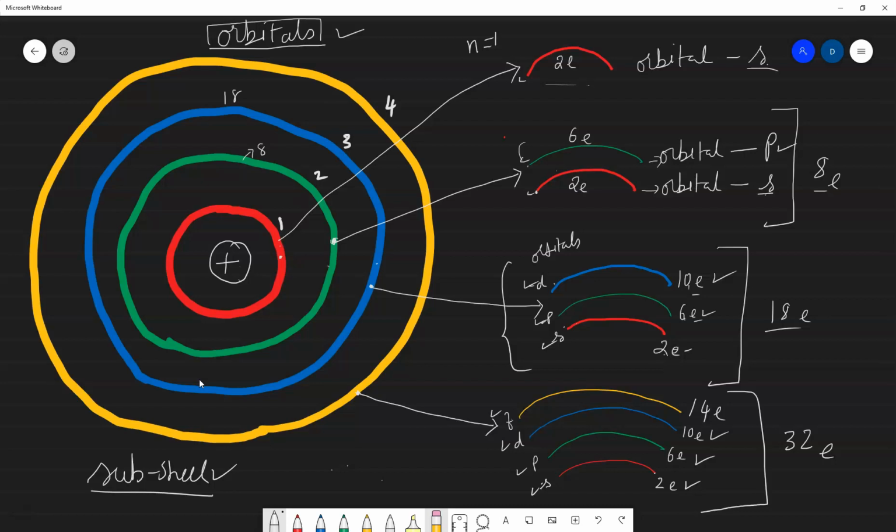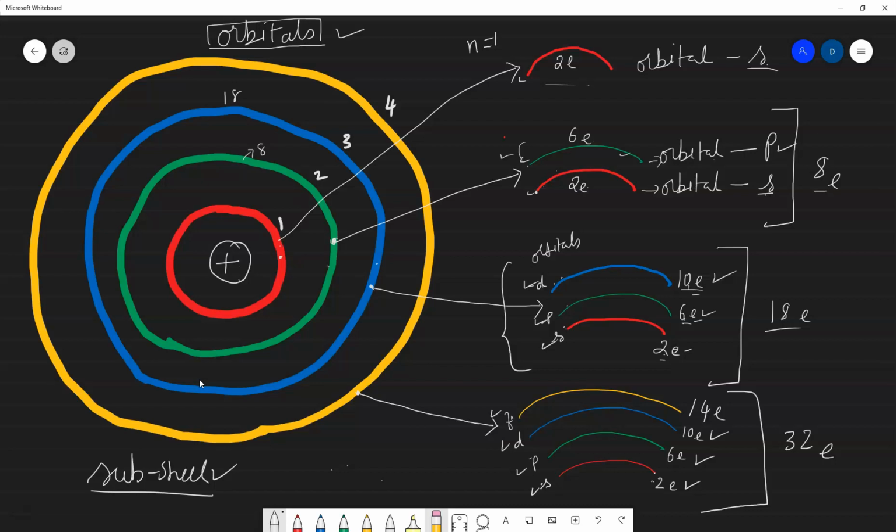The second shell has 2 orbitals, s, which can have a maximum of 2 electrons, and p, which can have a maximum of 6 electrons. The third shell has 3 orbitals, s, p, d. S can have 2, p can have 6, same as shell 2, and the d orbital has 10 electrons maximum. Similarly, the fourth shell has s, p, d, f orbitals.